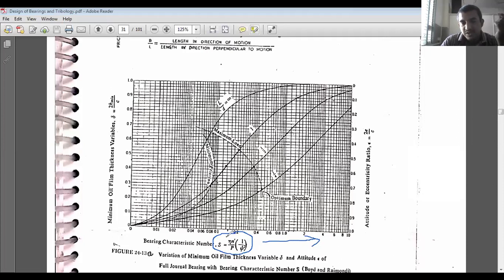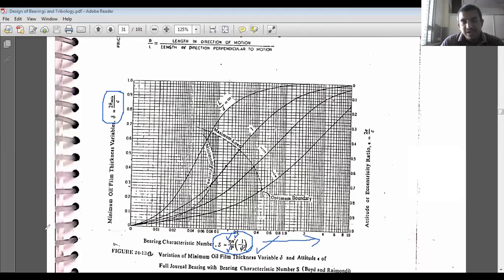Eta is absolute viscosity, already we know that. N prime is the speed of the journal in revolutions per second. P is the actual bearing pressure. Xi is the diameter clearance ratio, C by small d. Now this value we have calculated. Our unknown is the y-axis, delta.